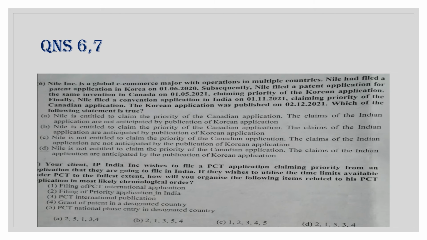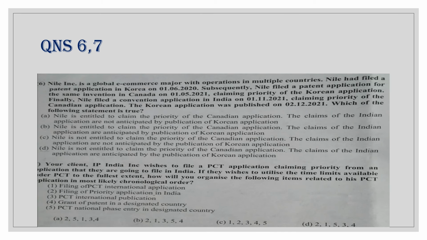Question number 6. Nile Incorporation is a global e-commerce major with operations in multiple countries. Nile had filed a patent application in Korea on 1st June 2020. Subsequently, Nile filed a patent application for the same invention in Canada on 1st May 2021, claiming priority of the Korean application.